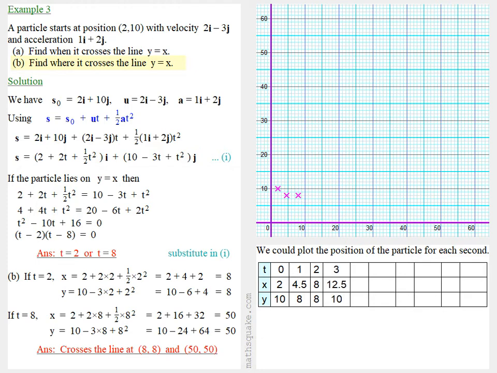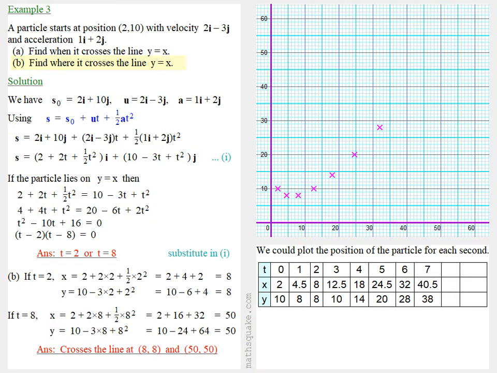If t is 3, x is 12.5 and y is 10. If t is 4, x is 18 and y is 14. If t is 5, x is 24.5, y is 20. If t is 6, x is 32 and y is 28.